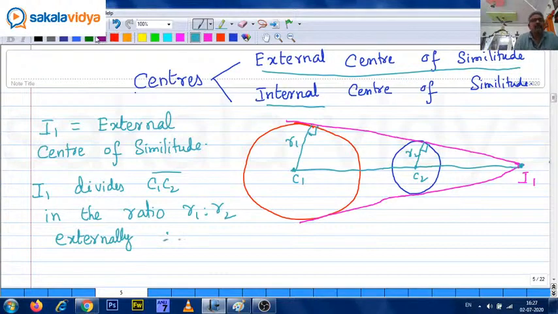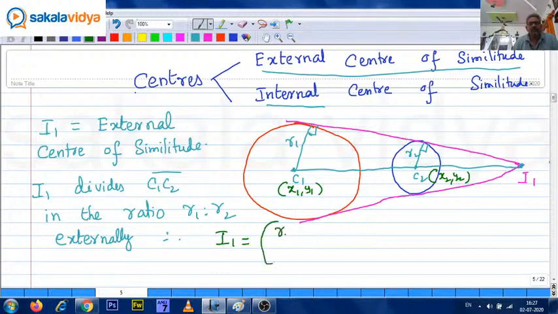Therefore, now this I1 is given like this. For example, center is x1 comma y1. This center is, we can say, x2 comma y2. Now the line segment joining x1 comma y1 and x2 y2 is divided in the ratio R1 is to R2.